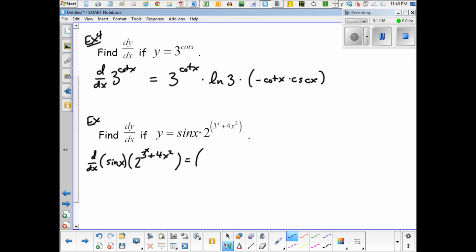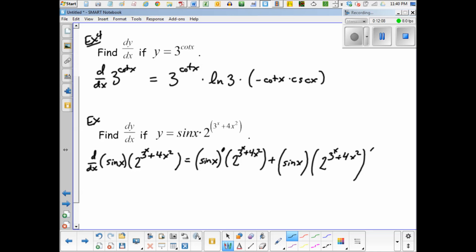Okay, so we have the first function, the derivative of that, times the second function, as is, plus the first function times the derivative of the second function.